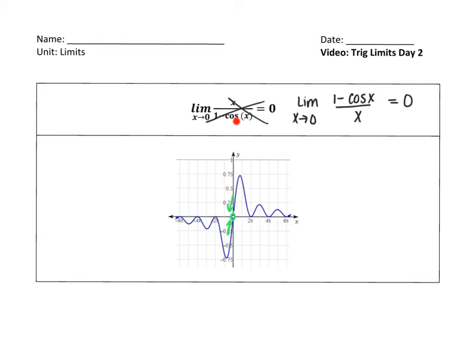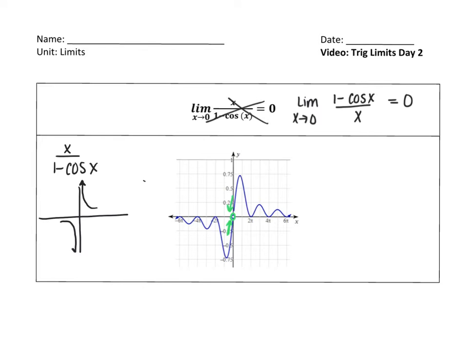Now, if you did flip it, in the sine graph that we did yesterday, we were able to flip it. But the reason why we can't is if I had x over 1 minus cos x, that graph actually looks like this. You don't have to draw this, but I just want to show you. As x approaches 0 from the right, it goes up.